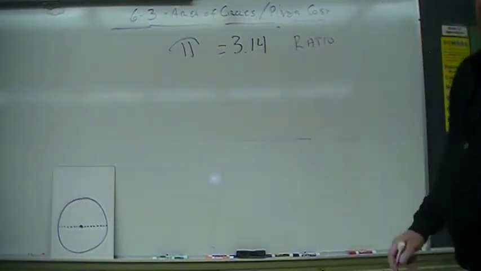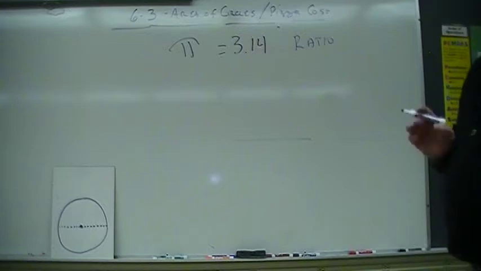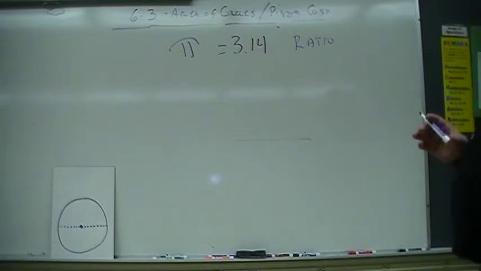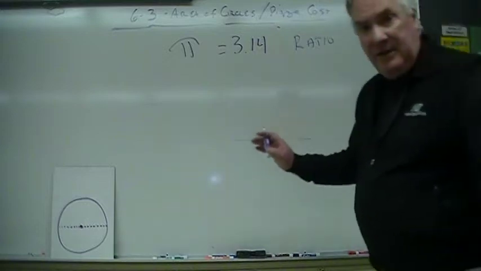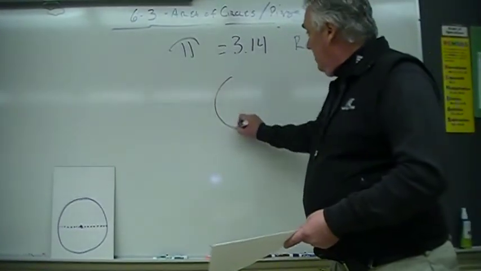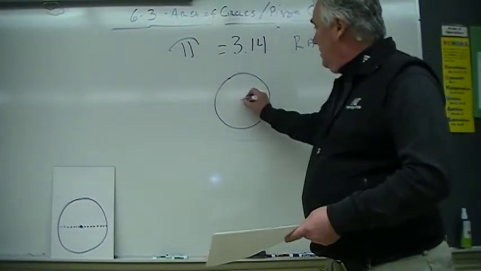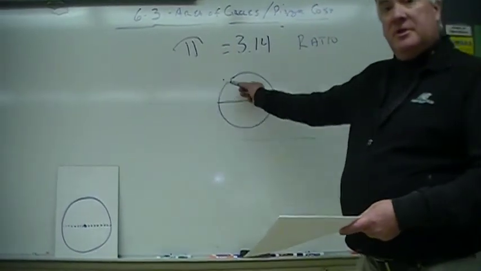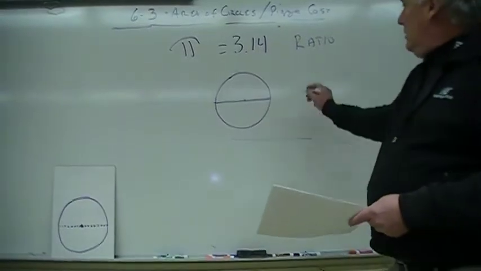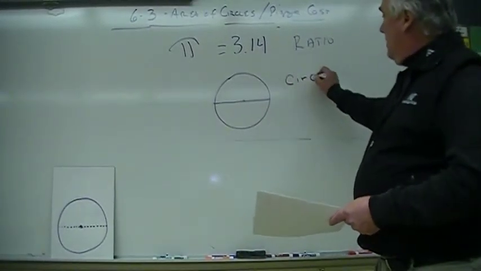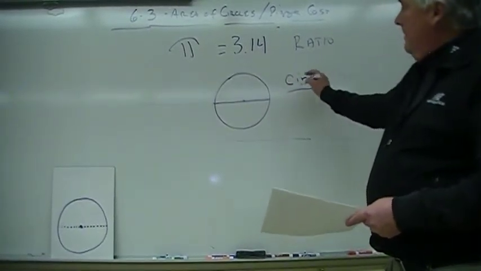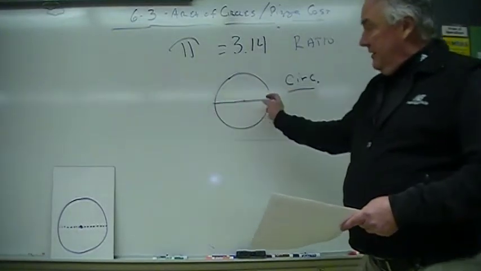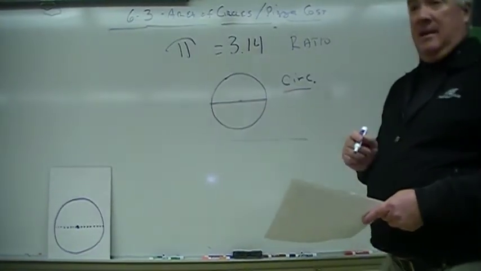it's a ratio. If you take any circle, a big circle, a little circle, any circle, and you measure the distance around the circle, which is the circumference, and you divide it by the distance across the circle, the diameter.